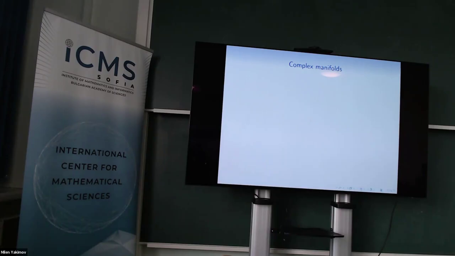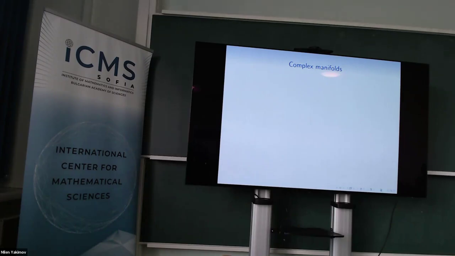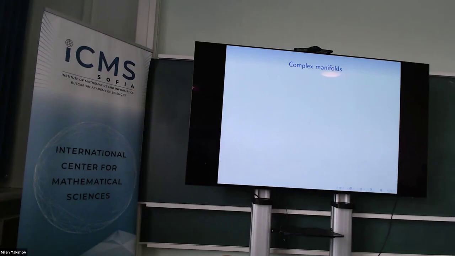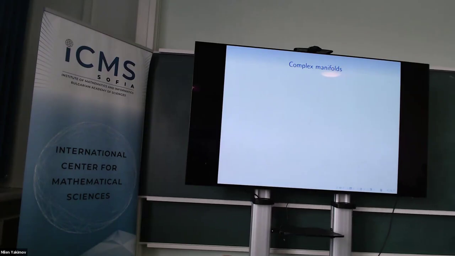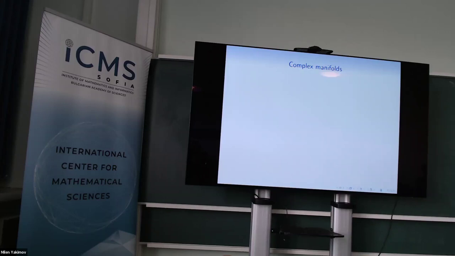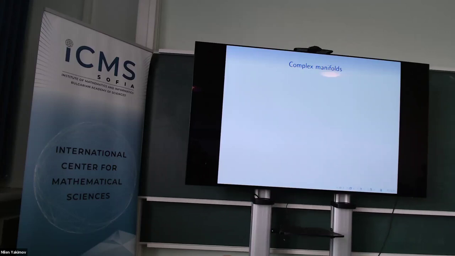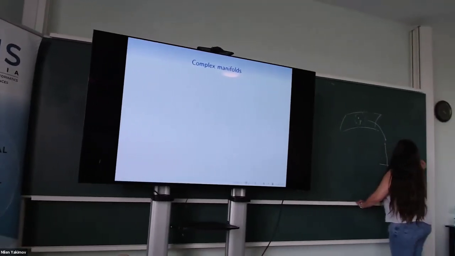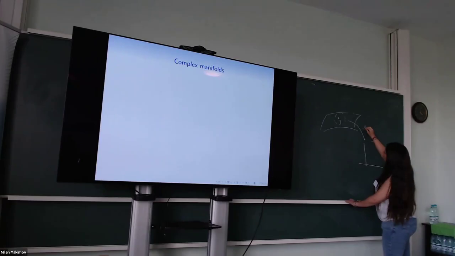Maybe you know the definition of a differentiable manifold. The definition of a complex manifold is basically analogous. You have a topological space, and for any point you have open sets and maps going to, in general for differentiable manifolds, R^m.